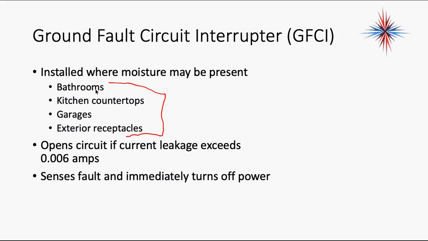So it's a little bit safer. In bathrooms we use it because you could be standing in water and trying to plug something in with a bad cord. It will trip fast enough to prevent you from getting electrocuted.